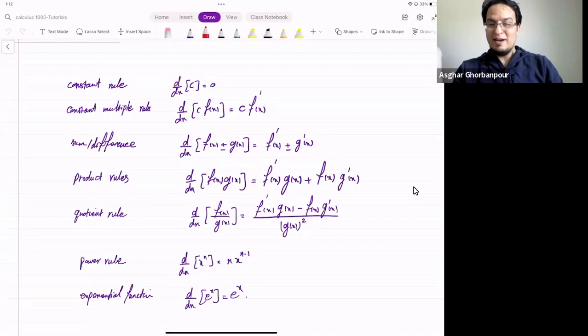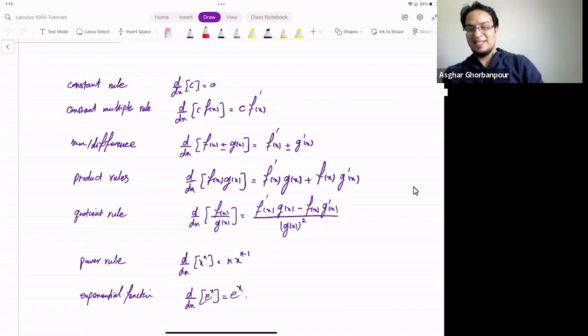If you go beyond degree 3 or degree 4, it's a big painful task to find the derivative of a polynomial of degree 4 for a given point using the definition of differentiability.